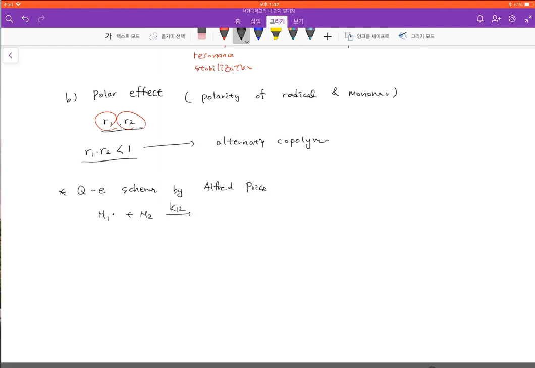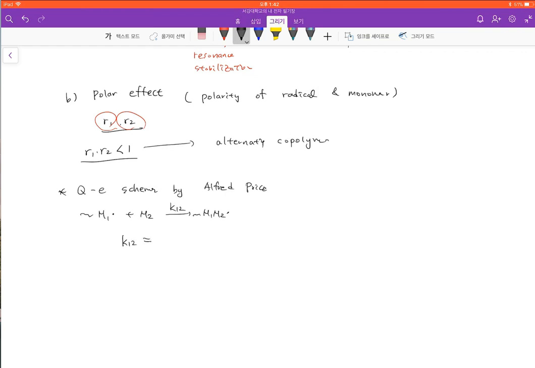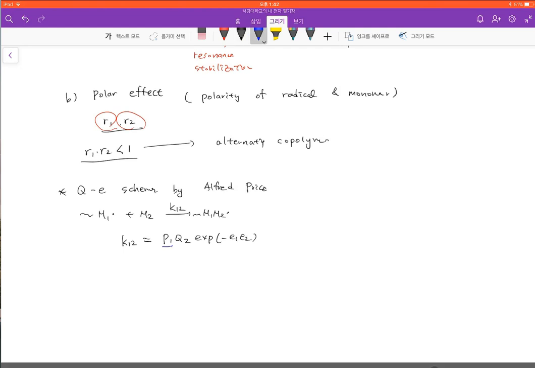So, for example, for this kind of copolymerization reaction, what Alfred Price did was that k12, the rate constant, can be written in this form: P1Q2 exponential minus e1e2.